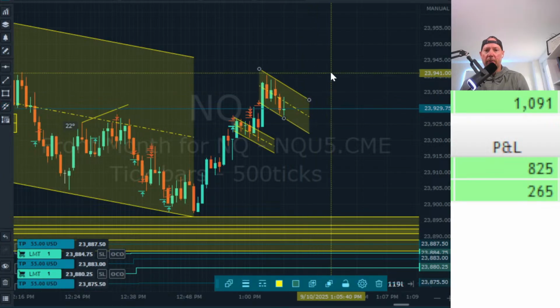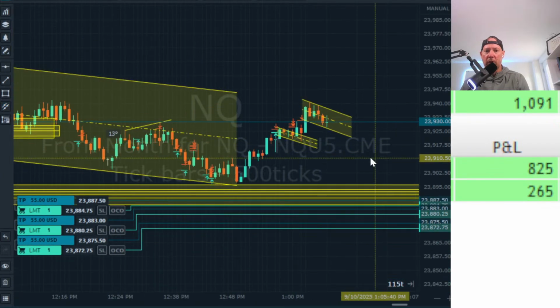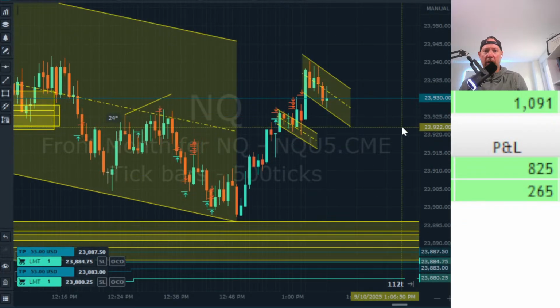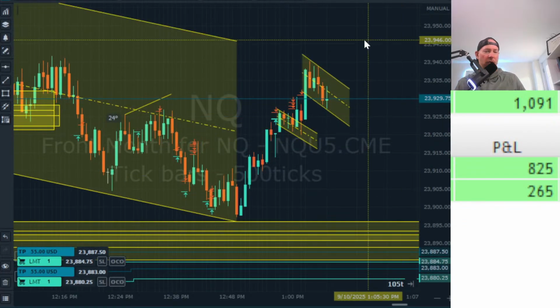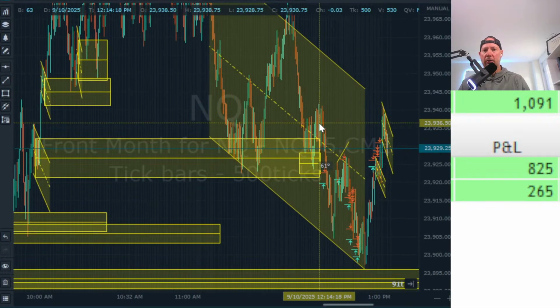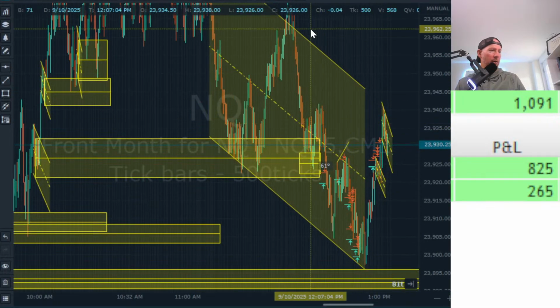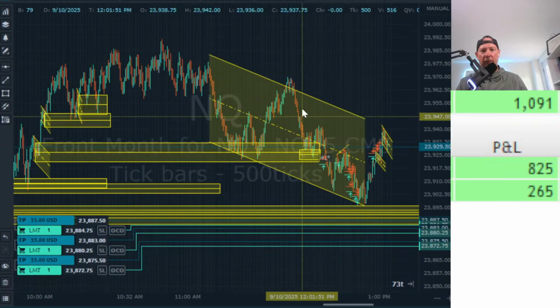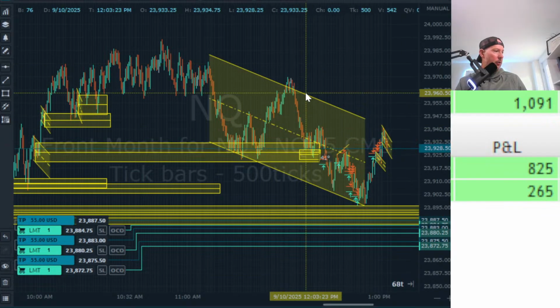On my Topstep, I'm playing more like a long swing trade, only because I kind of got stuck there. I was managing a trade since over here. I think I was going for a breakout of this flag. Let me just tell you, one second.